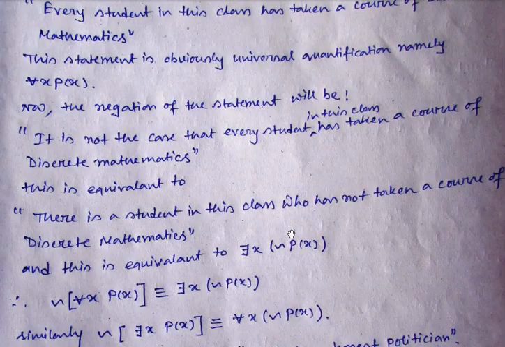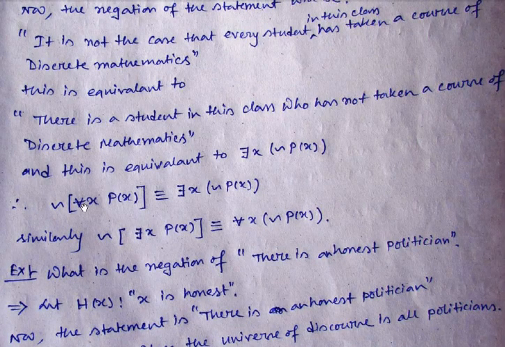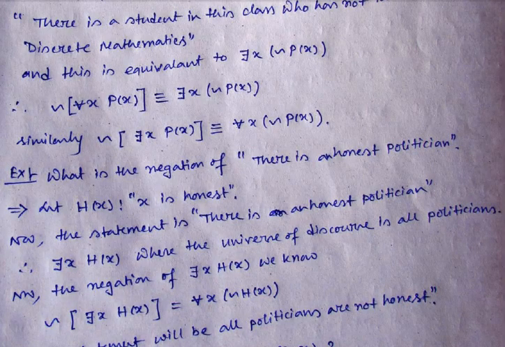Here the negation of for all x px is logically equivalent to there exists x, complement of px. Similarly, if we want to take the negation of there exists x px, it will be for all x, negation of px. Now let us do some examples.